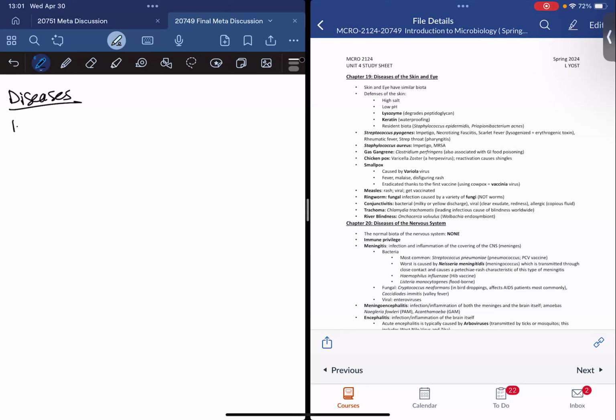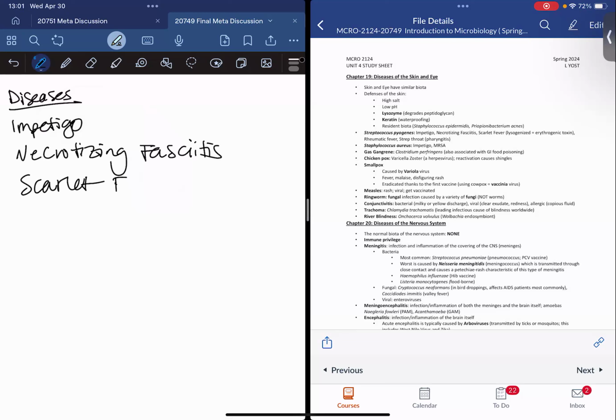So we're starting off with impetigo, necrotizing fasciitis, scarlet fever, rheumatic fever and strep throat. We also have another impetigo, but I've already listed it once, so I'm not going to list it again.